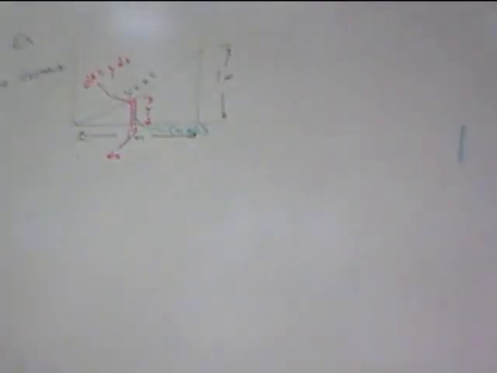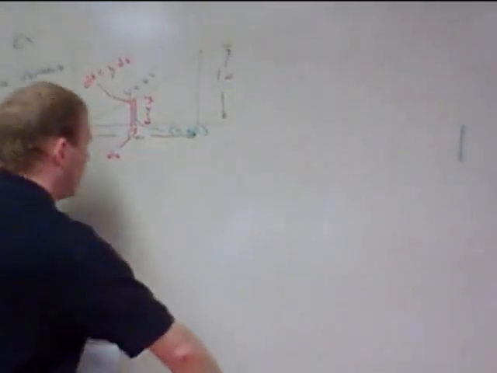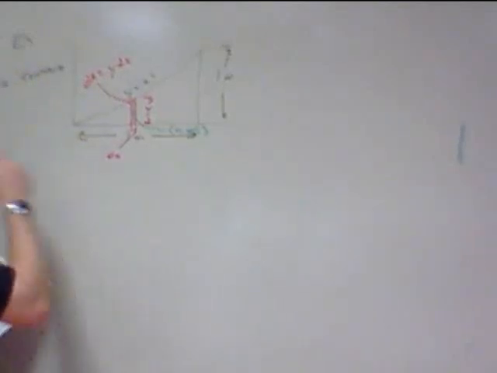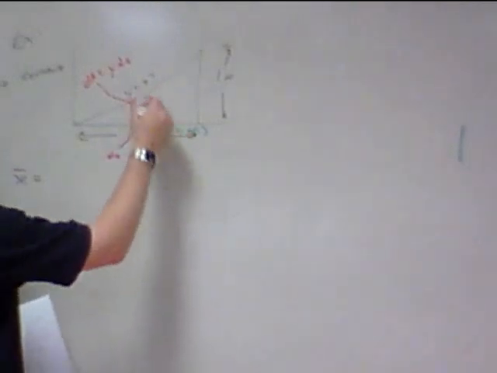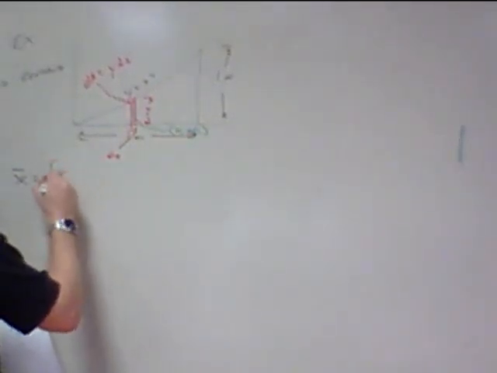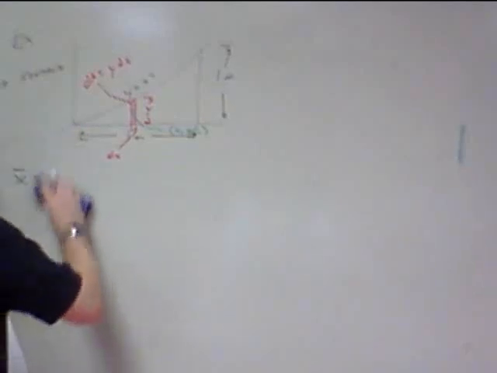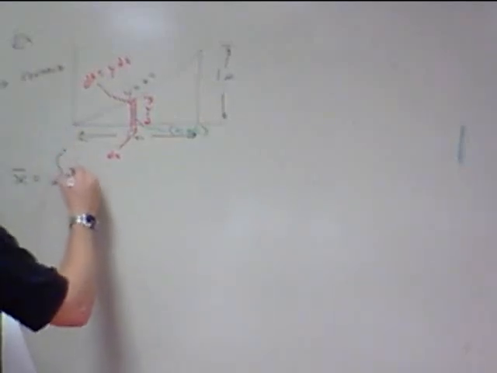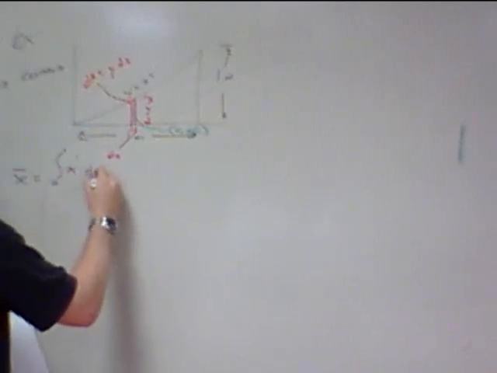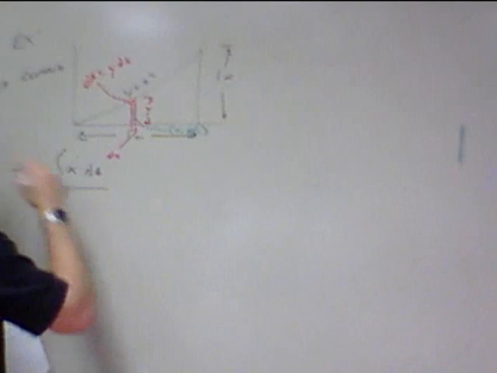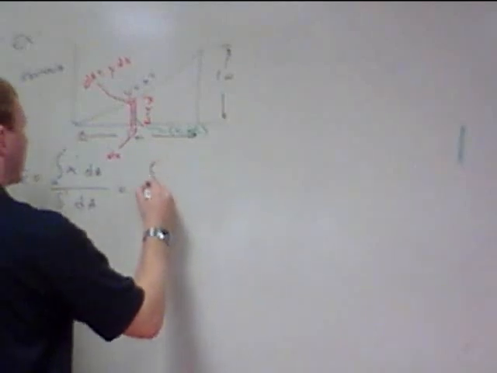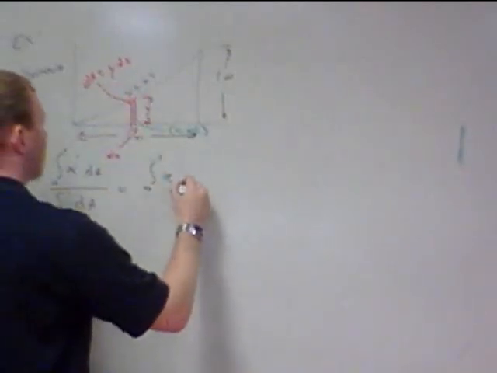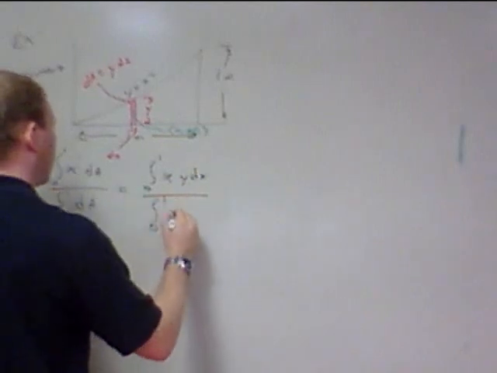Now I'm going to go ahead and evaluate this in terms of the integrals. x bar is equal to, the x position of the centroid is x, integrated from 0 to 1 of x times dA over the integral from 0 to 1 of dA. dA is y dx, so we have the integral from 0 to 1 of x times y dx over the integral from 0 to 1 of y dx.